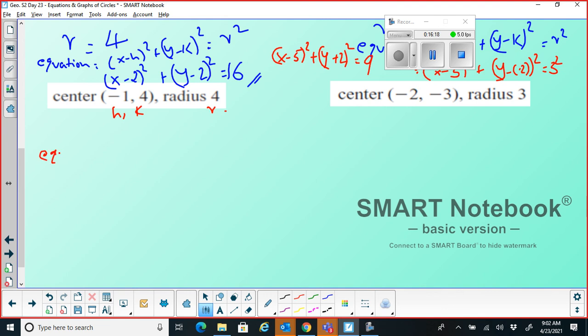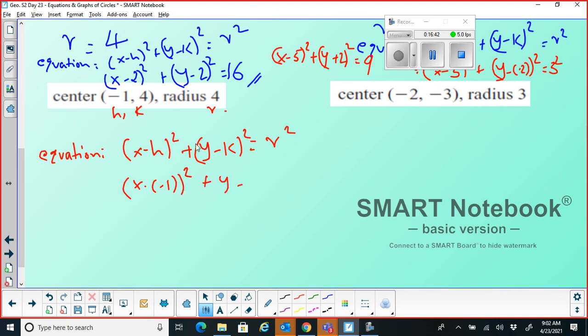So the equation is x minus h whole square plus y minus k whole square equals r square. So let me substitute everything here. So x minus of negative 1 whole square, because h is negative 1, plus y minus of 4 whole square, because k is positive, I can just write it this way, and radius is 4 square.